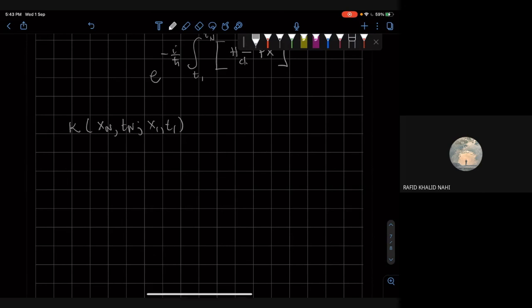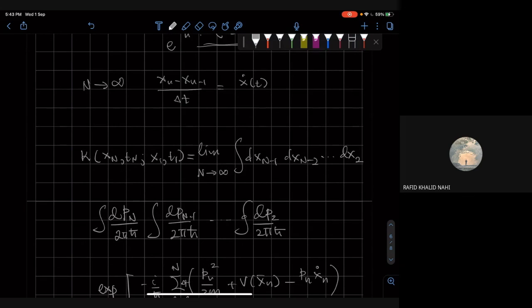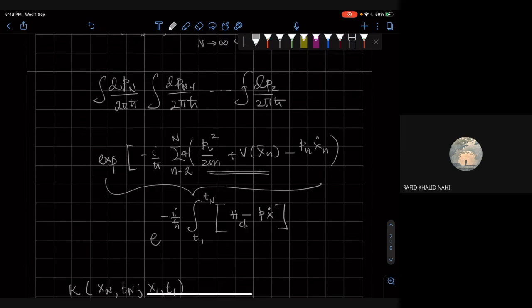So the final expression for the propagator in the phase space is given by the integral of d of x of t, d of p of t over 2 pi h bar. So these measures are defined by these limits, okay? This limit.